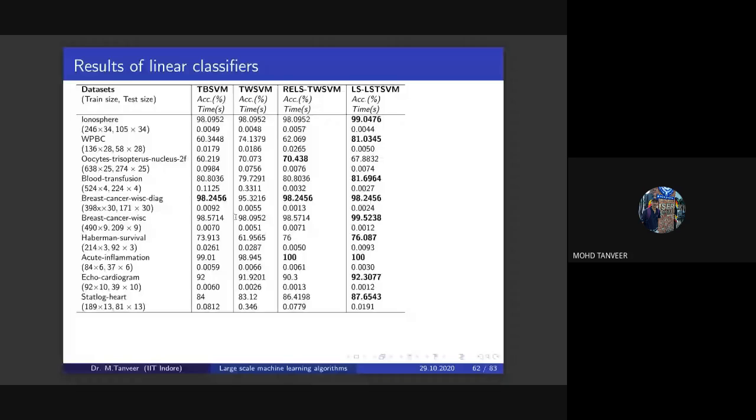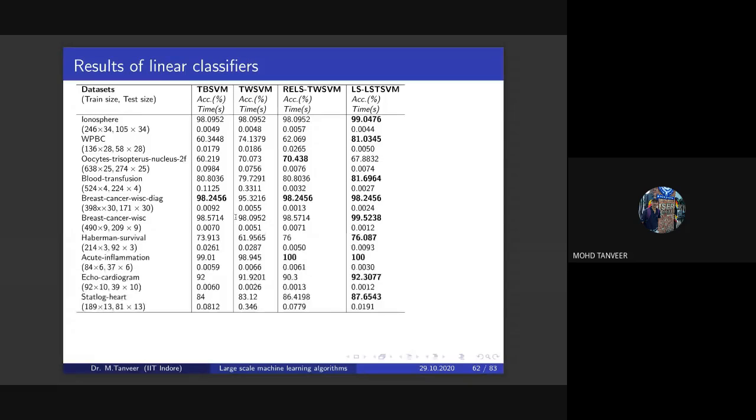So you can see the results of this formulation, against TBSVM, least square TBSVM, and TBSVM, which is more theoretically advanced, and this large scale model. In this table, I consider only a small size of data.